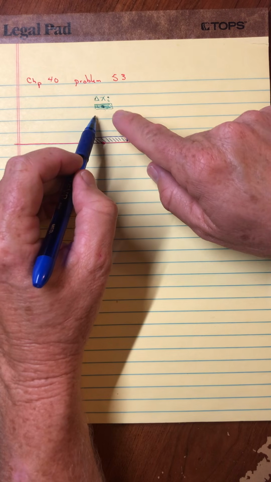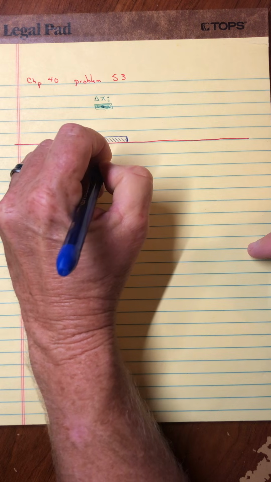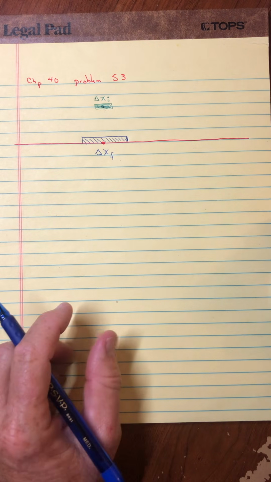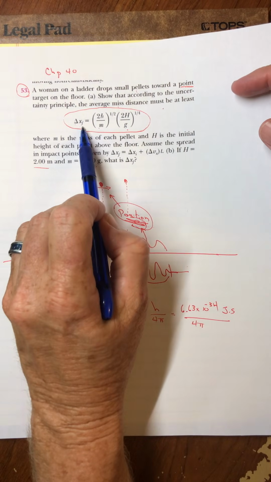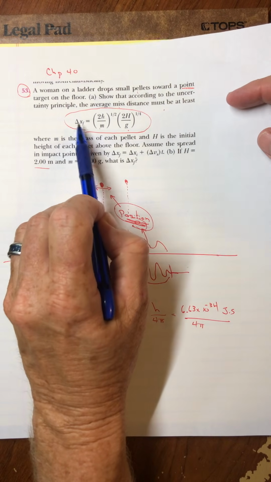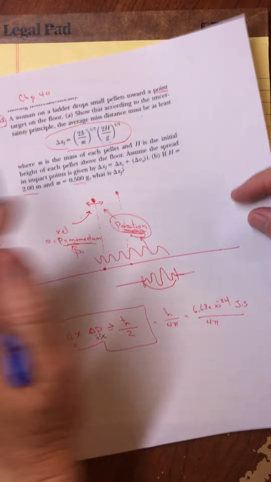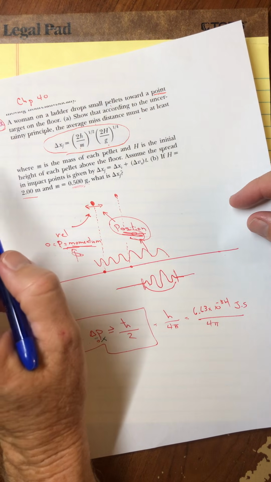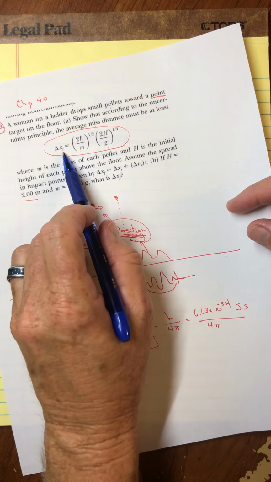So by the time it falls, it spreads out. And so let's call this the uncertainty at the bottom, final. And this problem is saying that this uncertainty at the bottom, x final, has to be at least this big. Could be bigger, but this is the smallest.